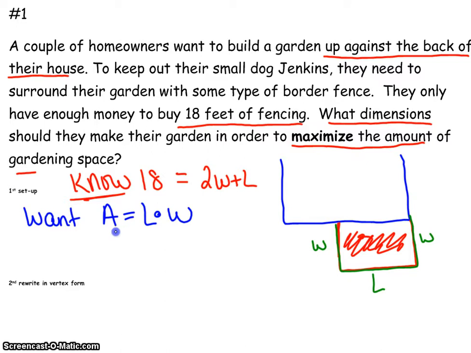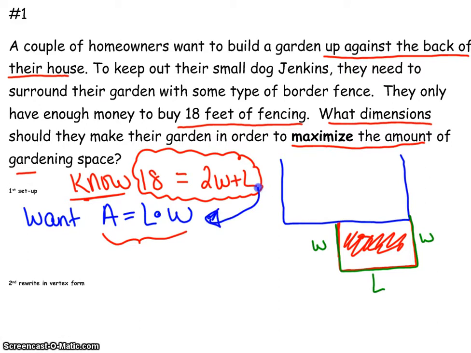The problem is that you have a function for the area in terms of L and W. When you have two missing variables, you can't solve this. Lucky for us, we have another equation that will help us solve the area.